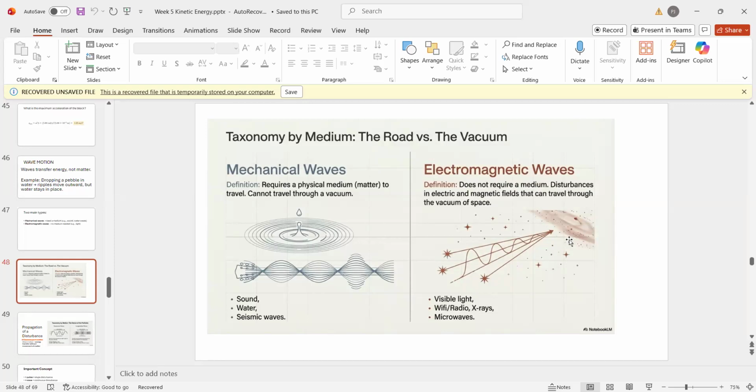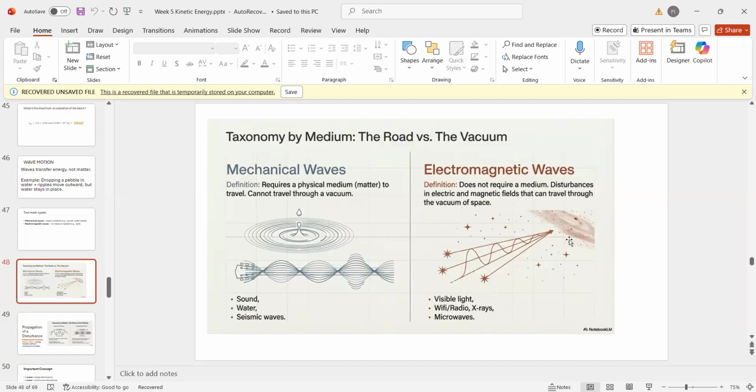But when we come to electromagnetic waves, they require no medium. There is no need for a medium. It's just like visible light. It travels in a vacuum. Having a radio, you are here, radio at Tamale, you can hear what is happening. Can you get this thing from Tamale to this side?